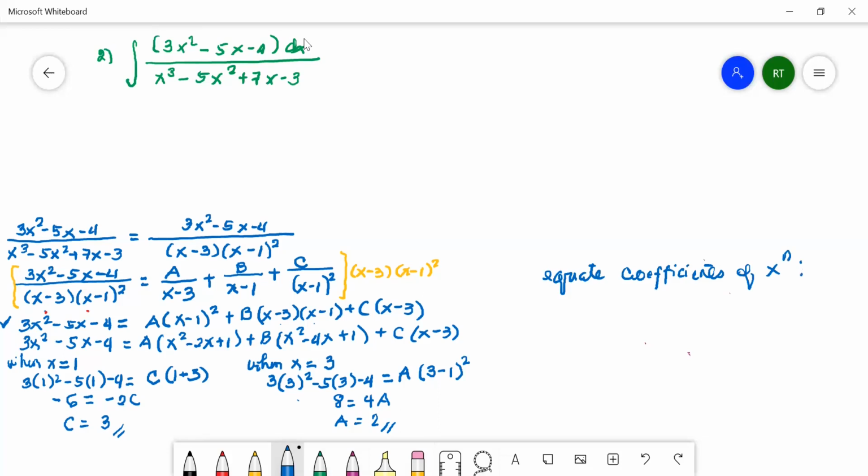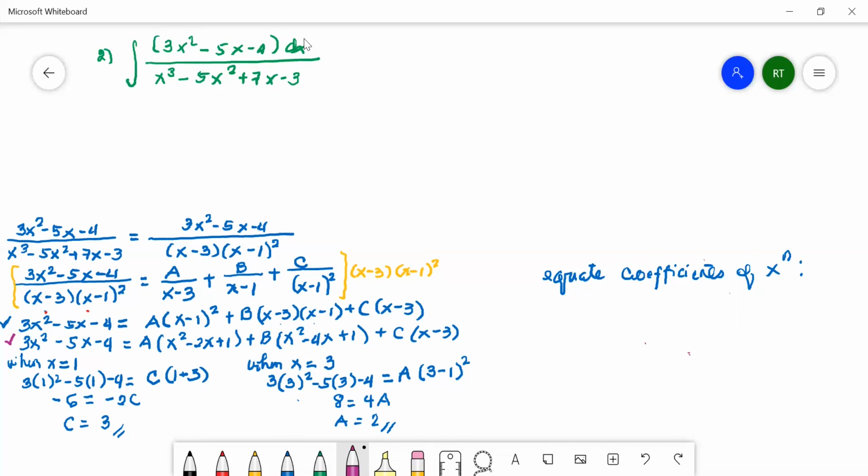And this time, it will be more convenient if we use the expanded form. We have 3x squared minus 5x minus 4 is equal to a times x squared minus 2x plus 1, plus b times x squared minus 4x plus 1, plus c times x minus 3.